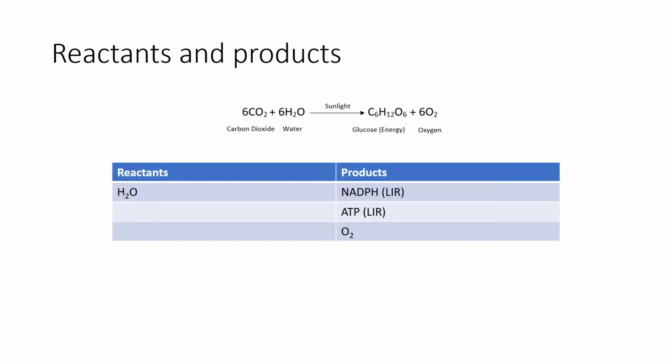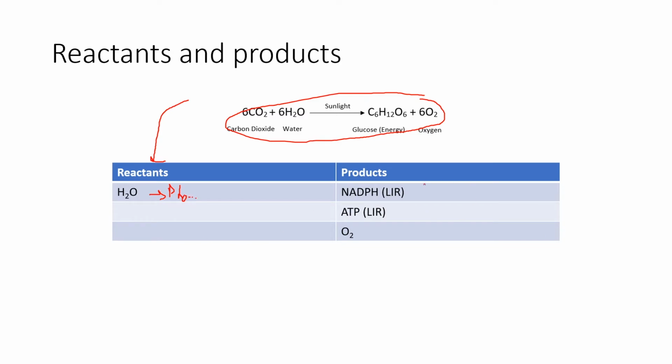So as a result, if we look at the general equation of photosynthesis here, the reactants used in the light-dependent reaction, it is observed that water is used because of the water-splitting enzyme in photolysis.